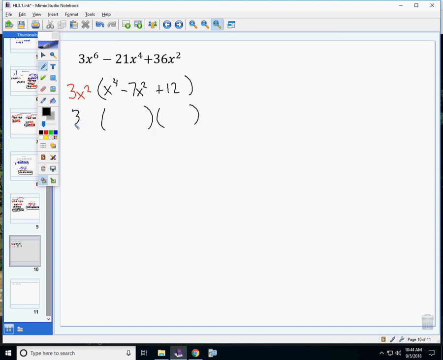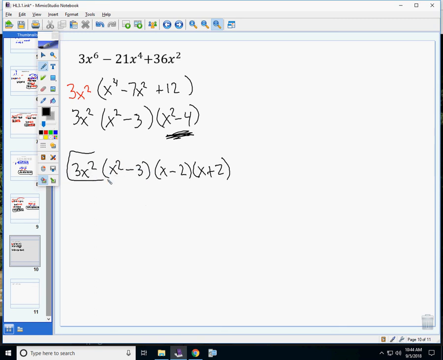So hopefully you can just skip a lot of the work and say this is x squared minus 3 and x squared minus 4. Also notice that we have difference of squares again, so that one would be x minus 2 and x plus 2. Don't forget the factors that we had already found. Here is your answer.